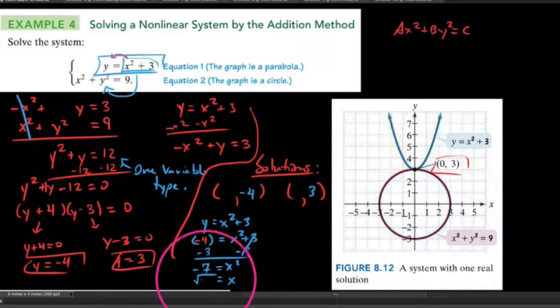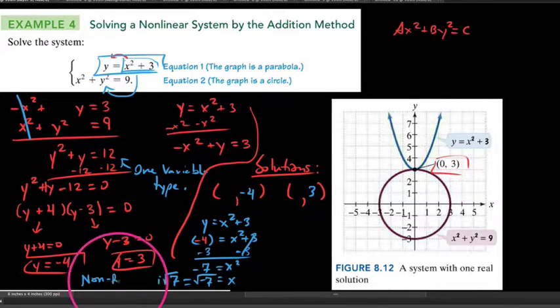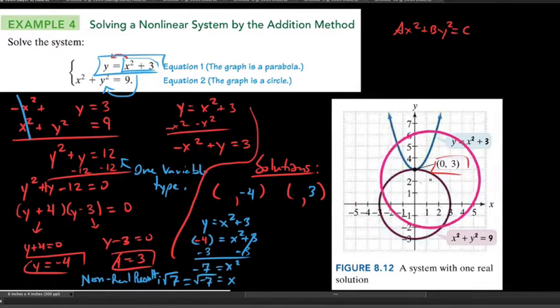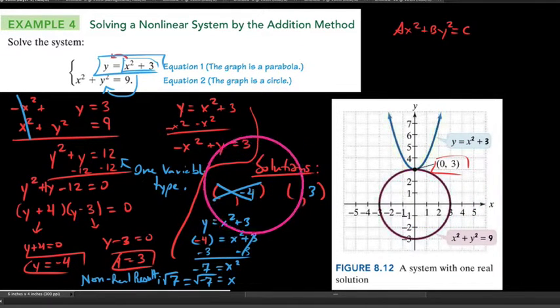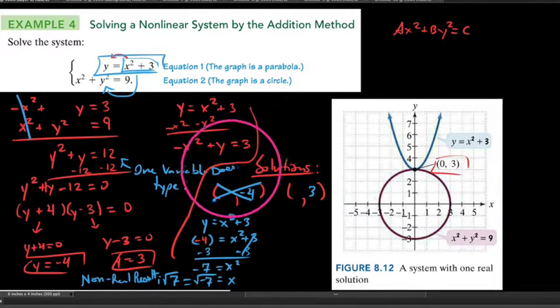We get the square root of negative 7, which really is i times the square root of 7, but it's a non-real result. The simple fact is that we're only interested in real results, and that's why this one doesn't work.